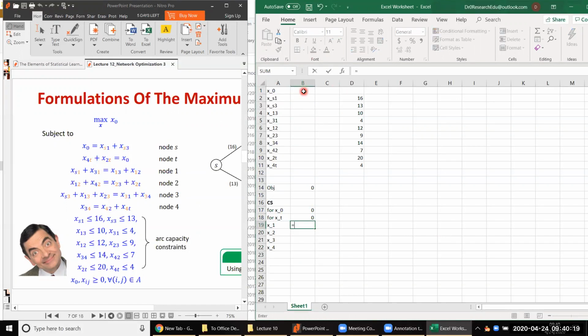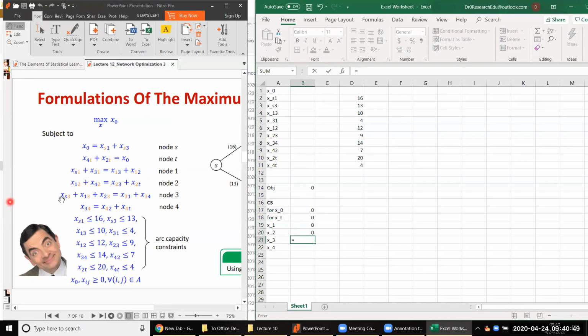And for x1, I should have xs1 plus x31 minus x13 minus x12 equal to 0. And for x2, I should have x12 plus x42 minus x23 minus x2t equal to 0.